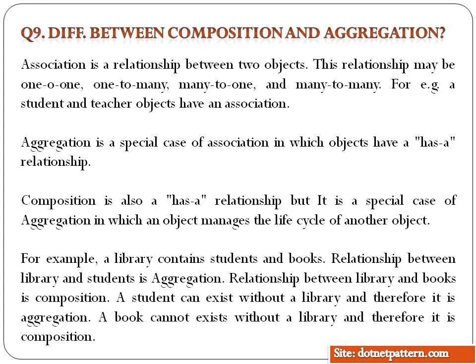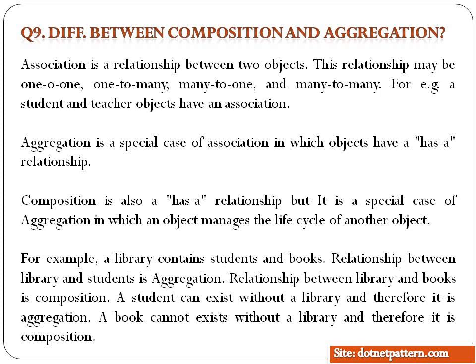Question 9. What is difference between composition and aggregation? Association is a relationship between two objects. This relationship may be one-to-one, one-to-many, many-to-one, and many-to-many. For example, a student and teacher objects have an association. Aggregation is a special case of association in which objects have a has-a relationship.